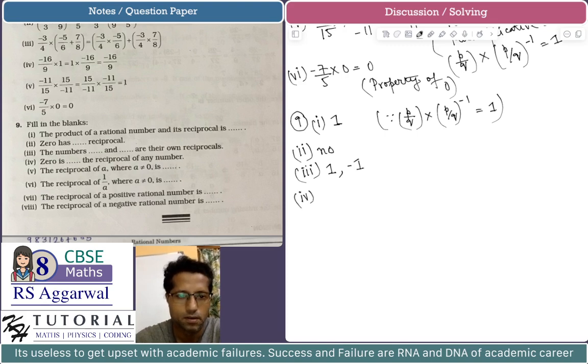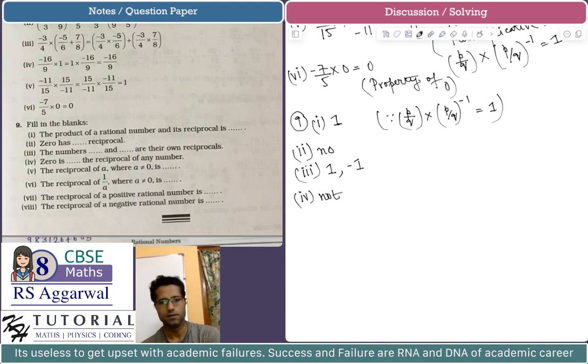Part 4. 0 is not the reciprocal of any number, which means that there does not exist any number whose reciprocal is 0.